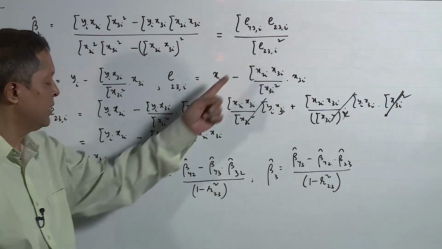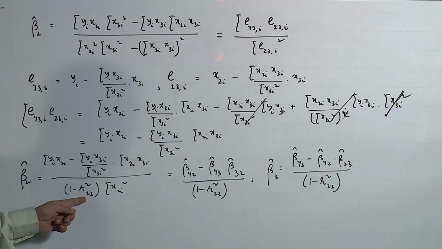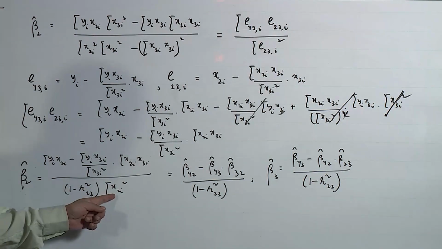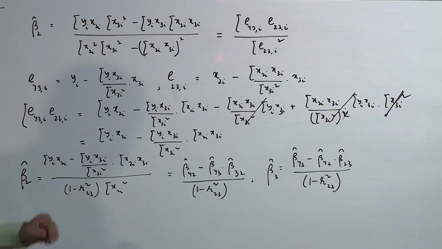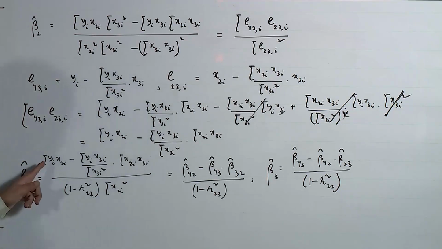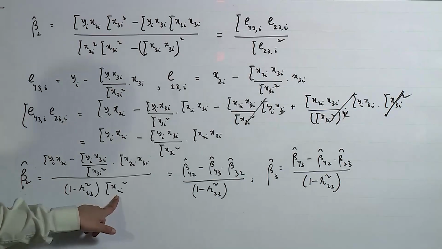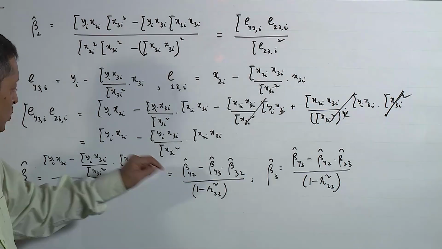So, that is the residual sum of squares, 1 minus r square 2 3 whole thing multiplied by Σx2i square. And the most interesting part is Σyi x2i divided by Σx2i square is beta hat y2.